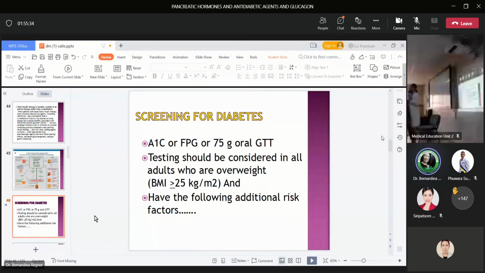Okay, so this will more or less reflect your blood glucose level control for the past 3 months.